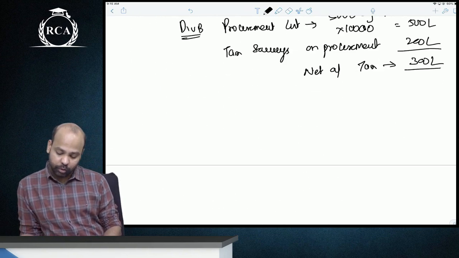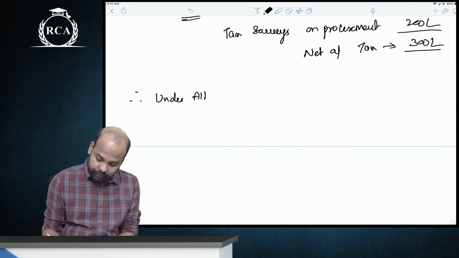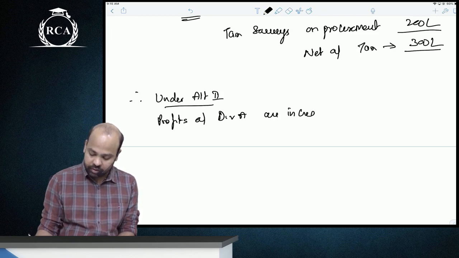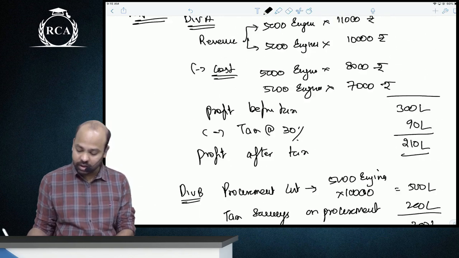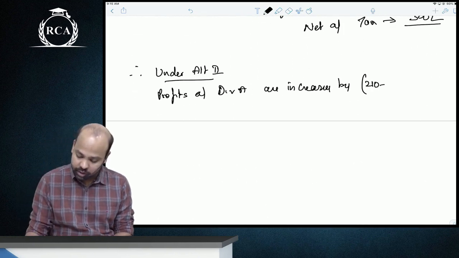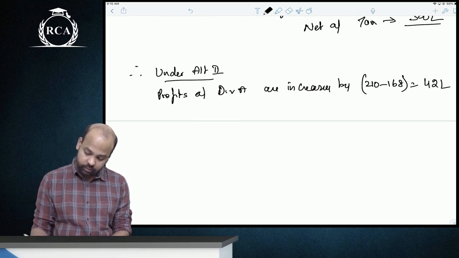Now think from the viewpoint of the company. Under alternative 2, profits of division A are increasing. Earlier they were making a profit of 168 lakhs, now they're making 210 lakhs. 210 minus 168 is 42 lakhs.